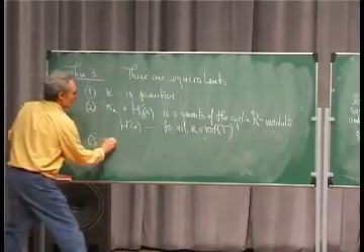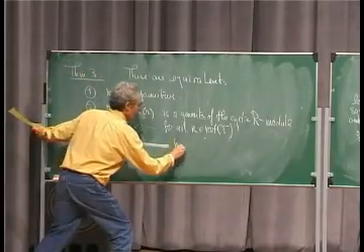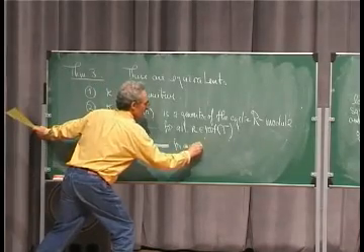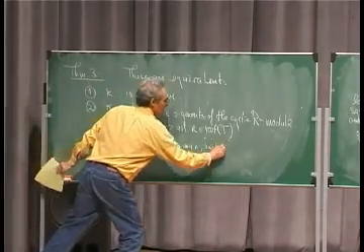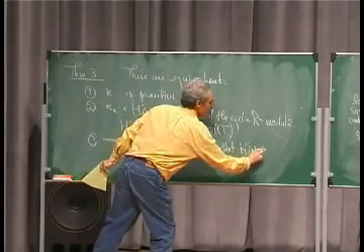Three, same thing is a generator of the cyclic R module for any n such that H prime of n is non-zero.